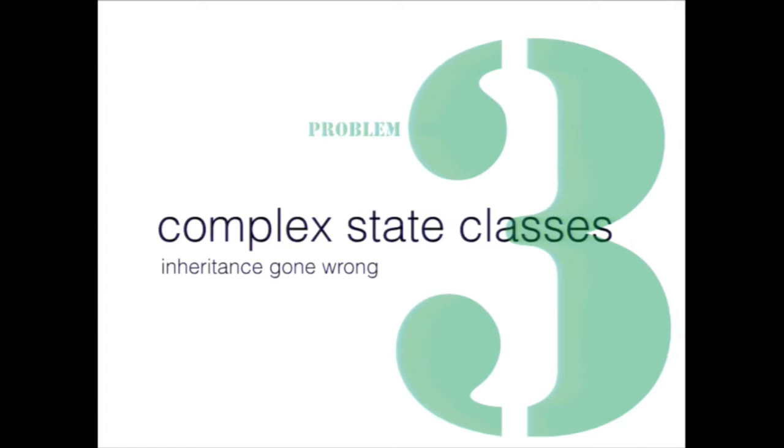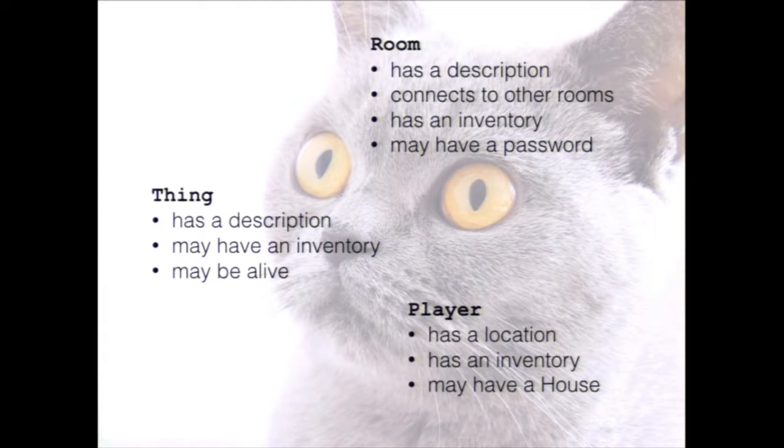Okay, so the third problem that I noticed in my original game code is how I was managing state. I chose to define every game object as either a room or a thing or a player.